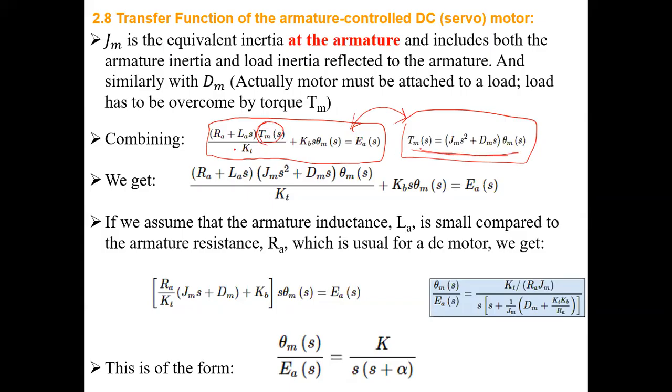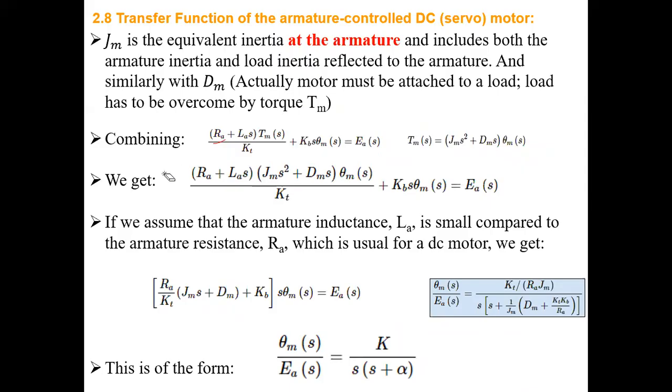So what do I get then? R A over K T, Tm is this guy, J M s squared plus D M s theta M. Then K T is on the bottom, then K B this, and E A on the right. Make sense?